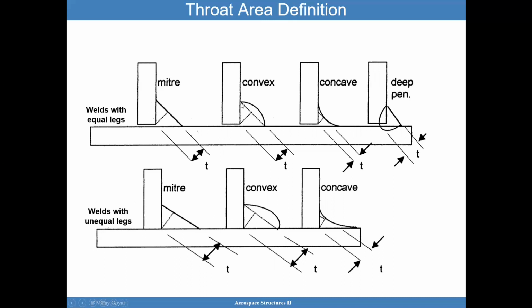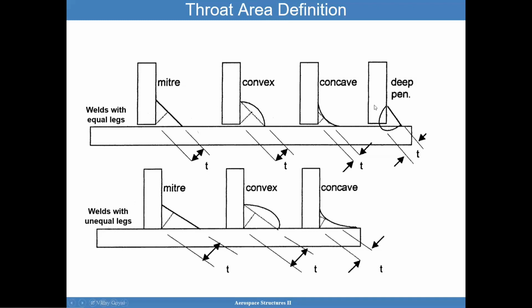You could also have a weld with excess material, but typically you want to define a throat with a minimum amount of material, from the point it connects here at the base to the point that connects here at the top of this stiffening element. If you have a concave situation, again, you want to be conservative and select the throat to be this much. Don't account for this extra thickness here.